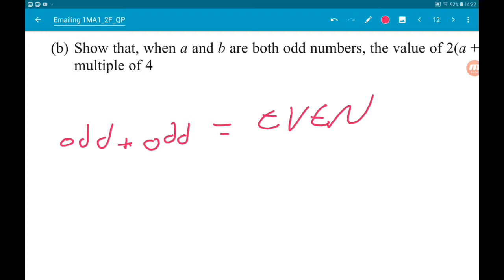Now, even numbers are always divisible by 2. Or if they're divisible by 2, it means they are a multiple of 2.